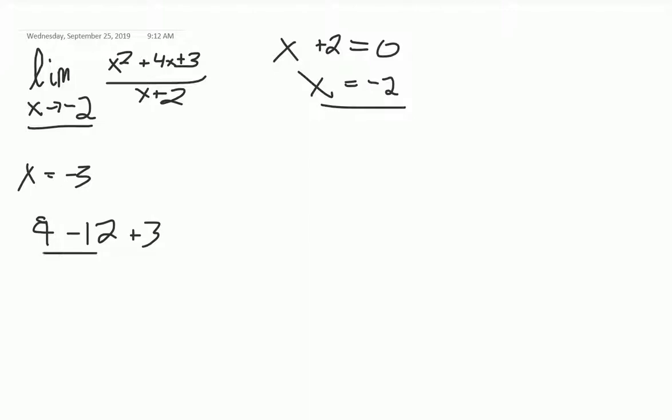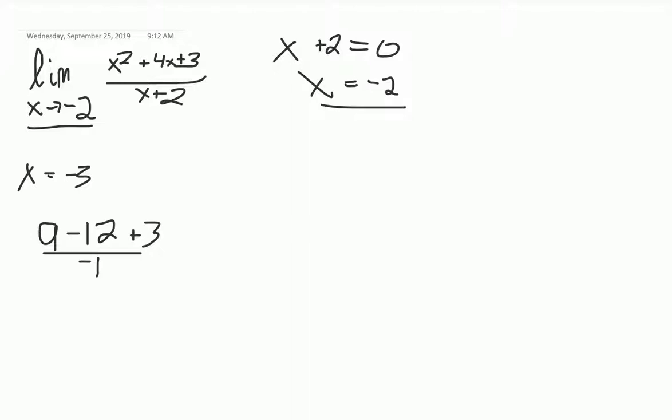Plus 3. All over negative 3 plus 2, negative 1. Now if you notice, the numerator ends up being 0.